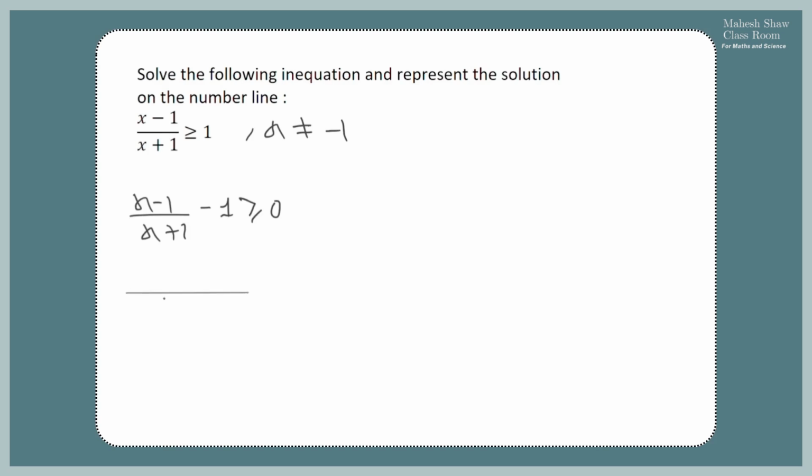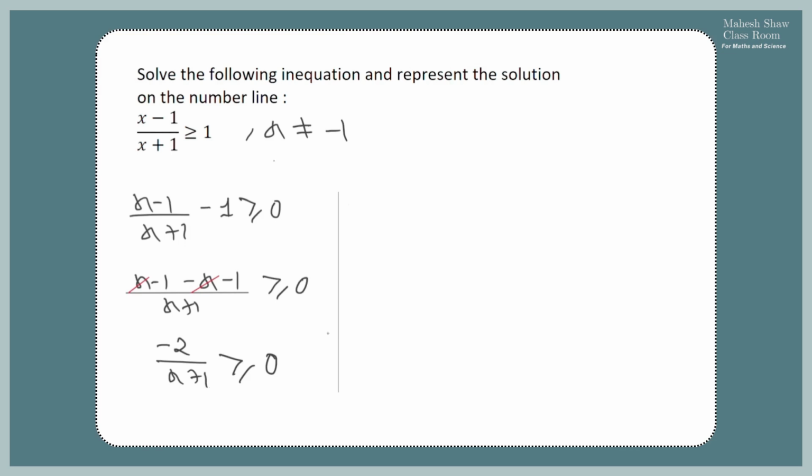Now on taking LCM, this is x plus 1, and x minus 1 minus x plus 1 gives minus x minus 1 greater than or equal to 0. So here x and negative x get cancelled, so we get negative 2 over x plus 1 greater than or equal to 0.